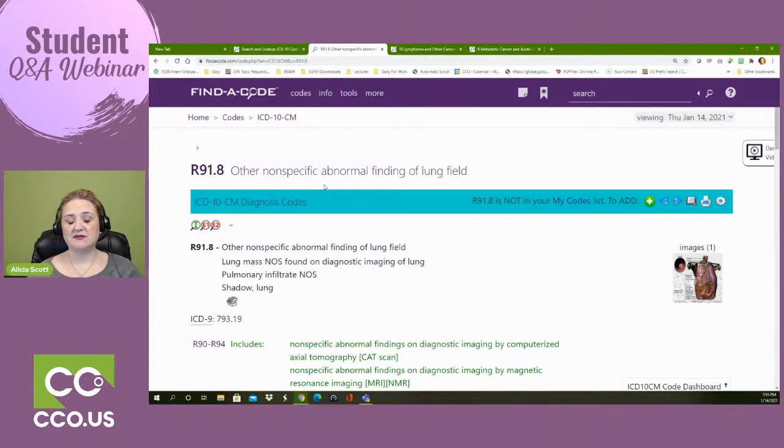If the documentation says there's a mass in the lung, and that's all they say, but they suspect Kaposi sarcoma, then they are an R91.8 because they did not state the patient had cancer. You have to be able to prove somewhere else in the documentation that they have confirmed the patient has cancer, but they're going to do more testing to see if it is Kaposi sarcoma, which is a very specific type of cancer.